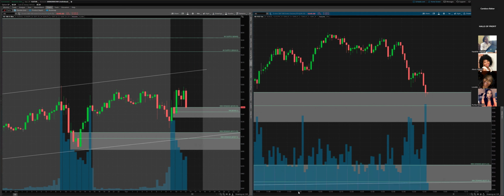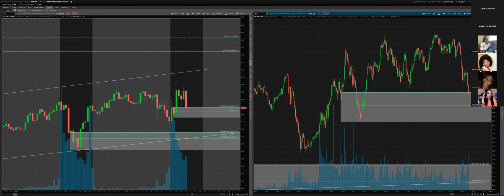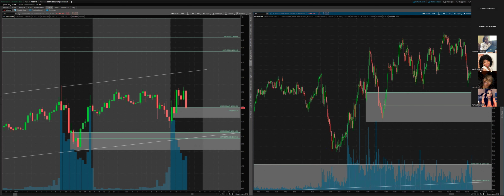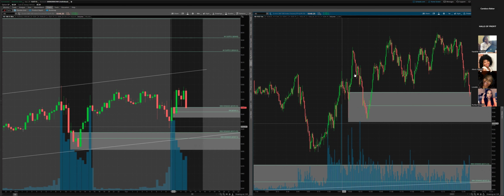Let me look at what the market is doing overall. Low, high, low, high, low, high. It looks like if it closes, it's already come down and closed below this little level right here, but I'm on the 1 minute.